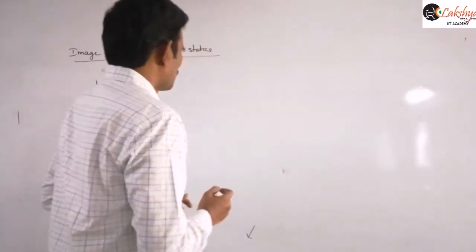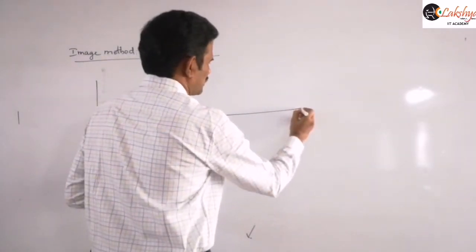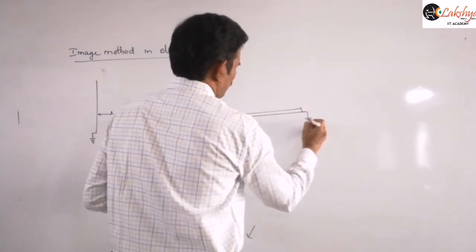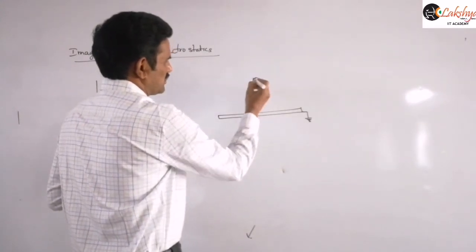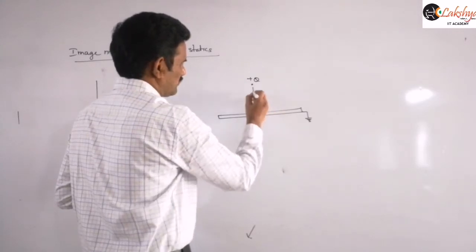Suppose what I am saying here is, here I am taking a conducting plate. Let us take this as one conducting plate which is grounded here. And now the given point charge configuration is like this. This is a point charge given at a distance of L above this.